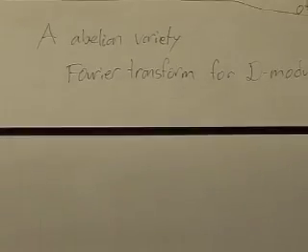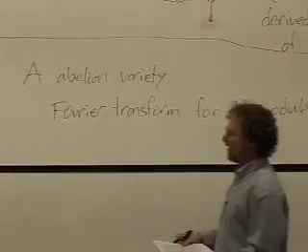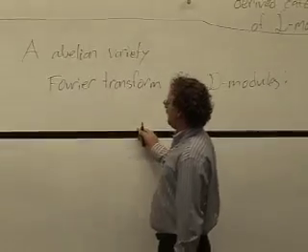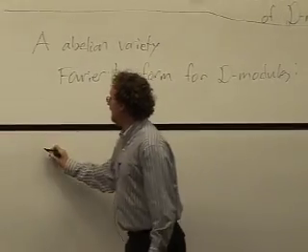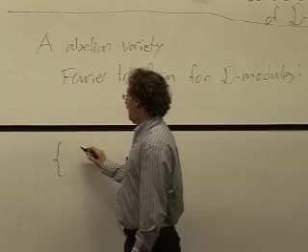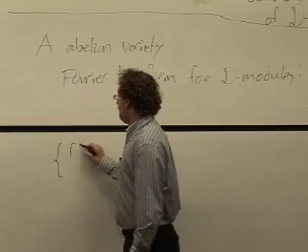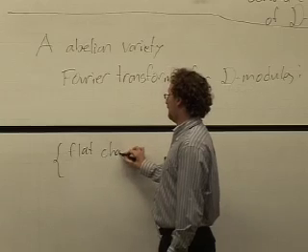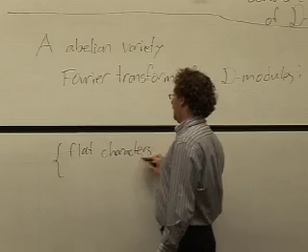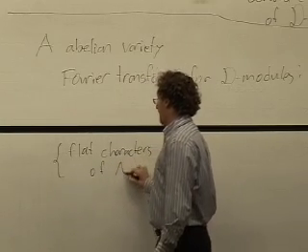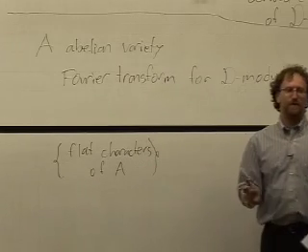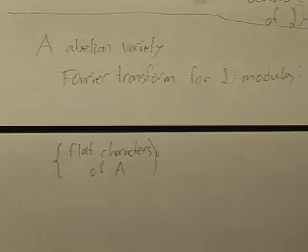Well, this is not such a strange thing to do. To an abelian variety A, we should look at the collection of flat characters of A. So before, to do the Fourier transform, we looked at characters of A. So these were line bundles with this multiplicative property. So now we're looking at D modules.